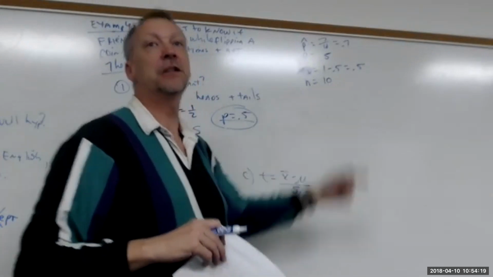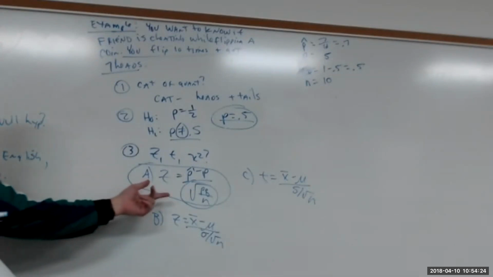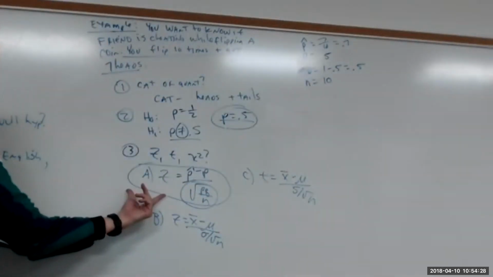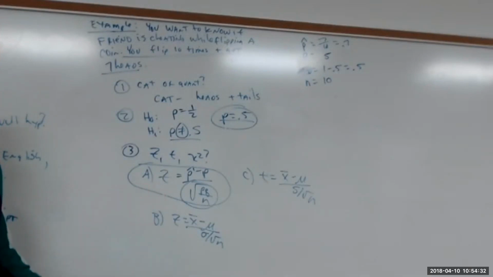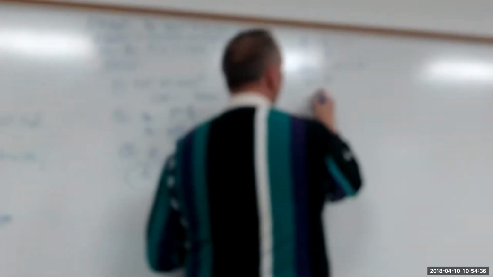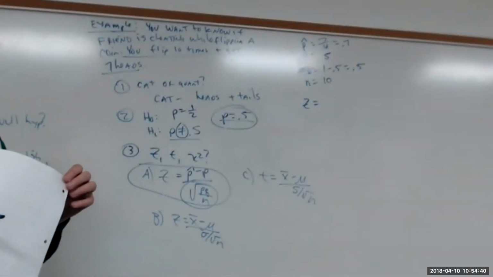So let's pick on Alex. Alex, can you help me plug this information into this equation? Yes, you can. Let me help you. I don't know what Z is, right? What's P hat? John will help you. What's P hat?